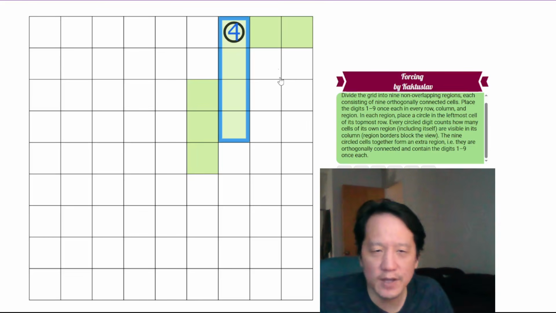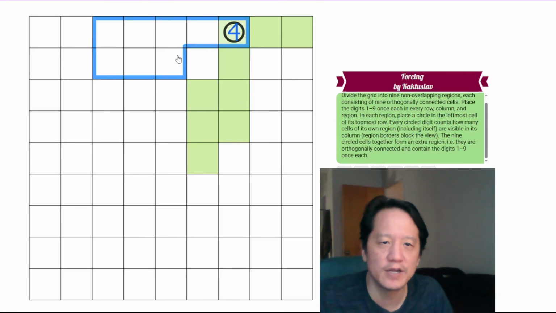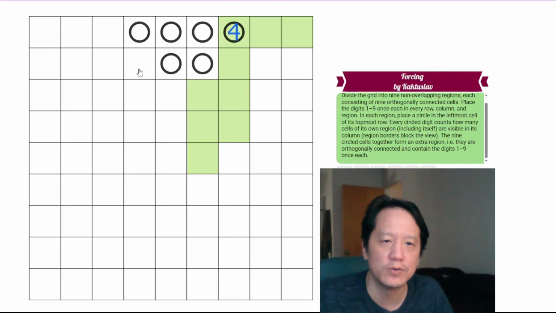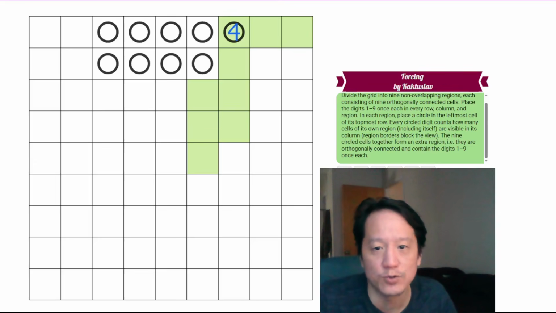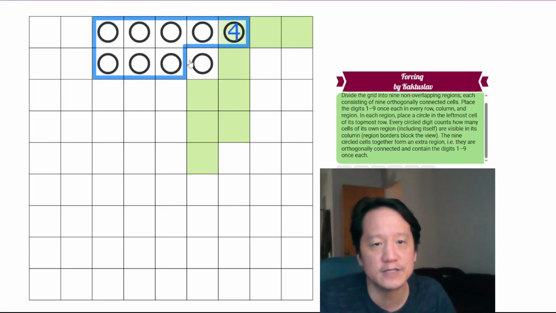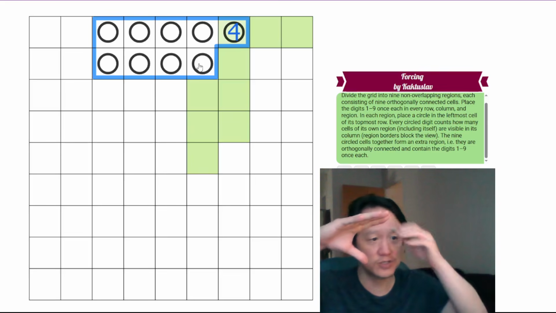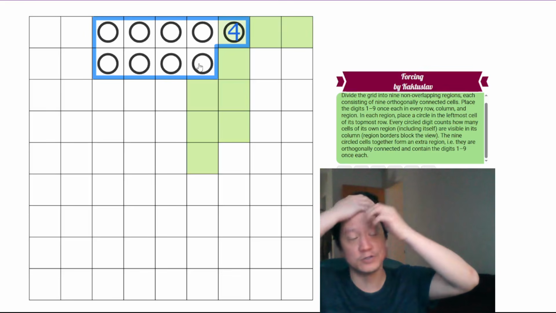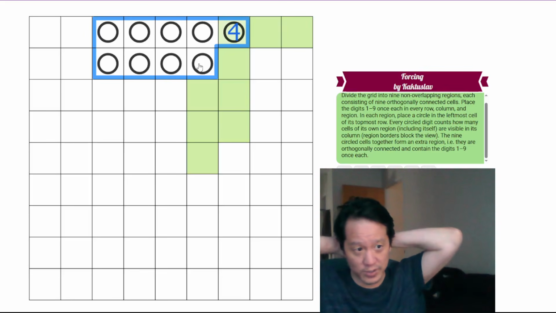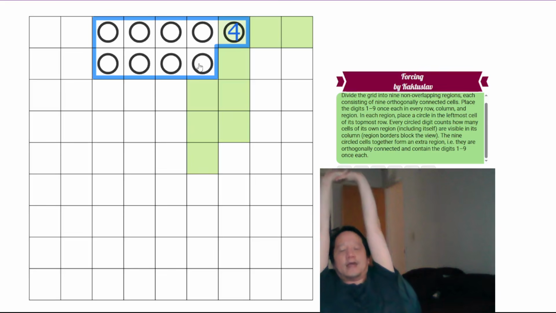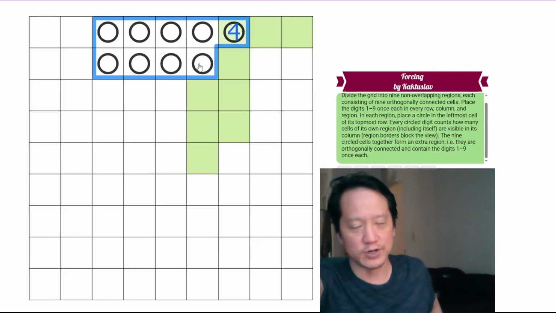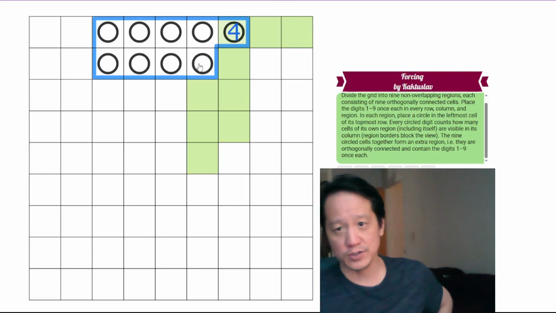So that means all 9 circled cells would have to basically form another region itself that's orthogonally connected, which means you can go from any cell in the circled cells to any other cell in the circled cells just by going through edges while staying within the region. And we have the digits 1 through 9 once each in these circled cells also.